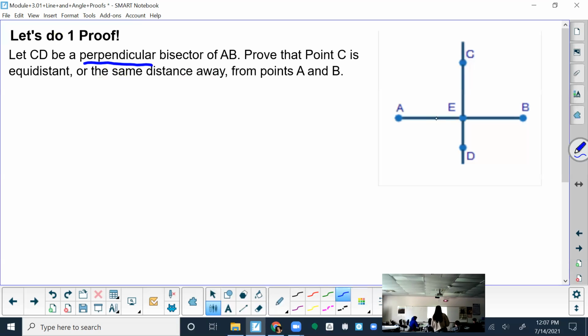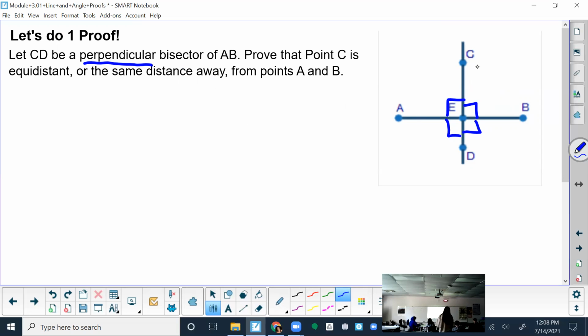What does it mean when two lines are perpendicular to each other? Kind of, yeah, they have opposite slopes. So what do perpendicular lines always create? Right, they create 90-degree angles all around. We know that because it says perpendicular.